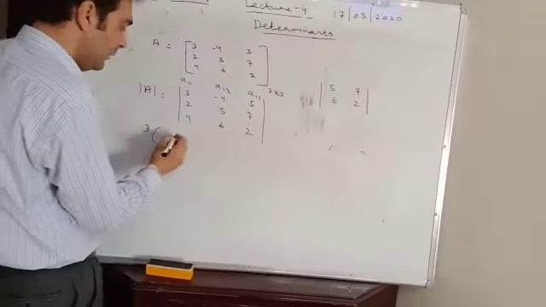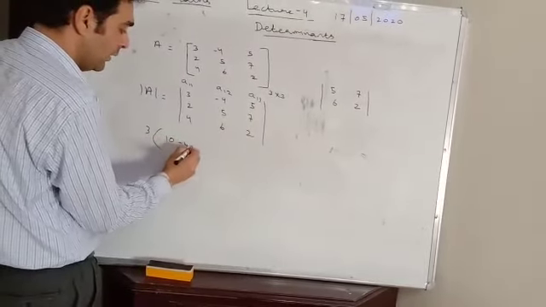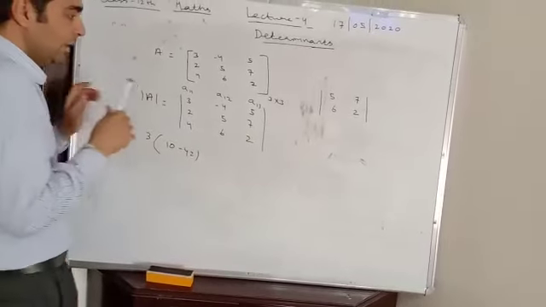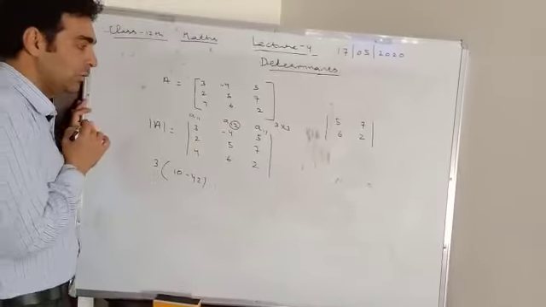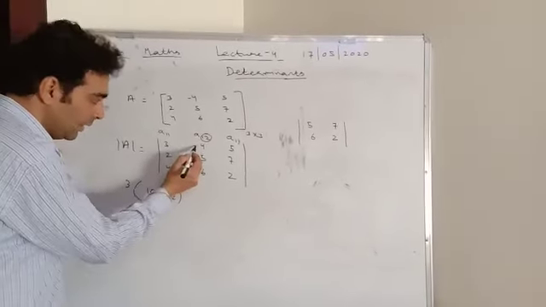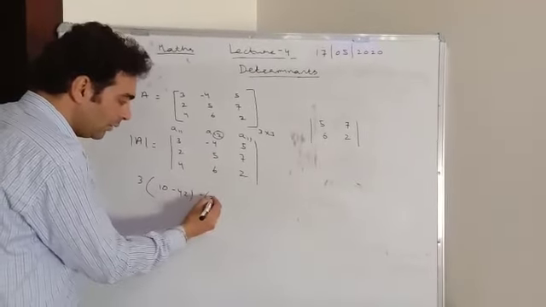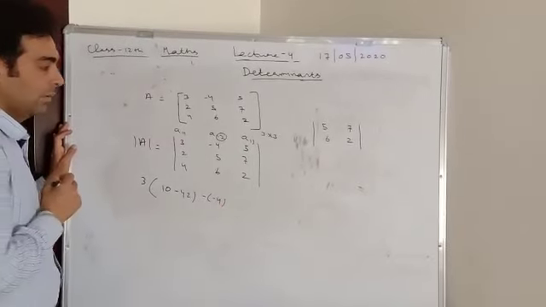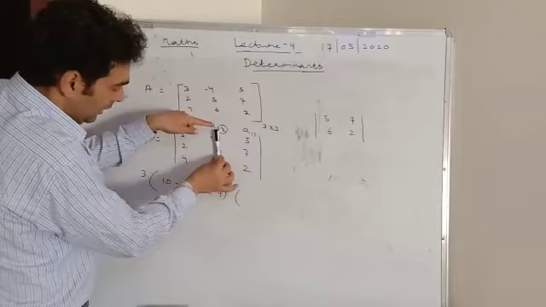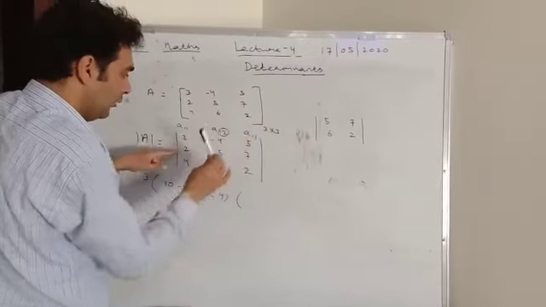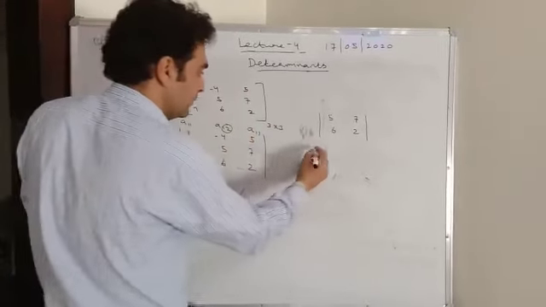Now what will we do? 5 multiplied with 2, that is 10, minus 42. Now here the sum is odd, 1 2. What will you do? Negative sign. But here there is already minus 4. Got it? So this cancels, and you are left with 2, 7, 4, 2.